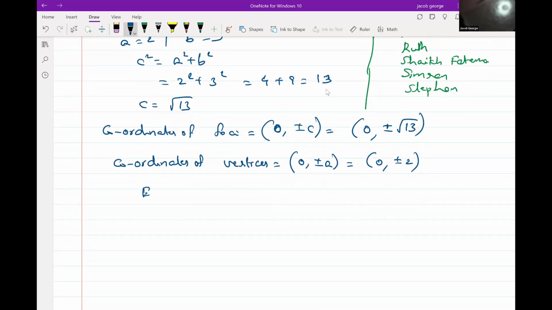Eccentricity e is equal to c by a. Then substitute, c is root 13, by 2. Root 13 by 2.